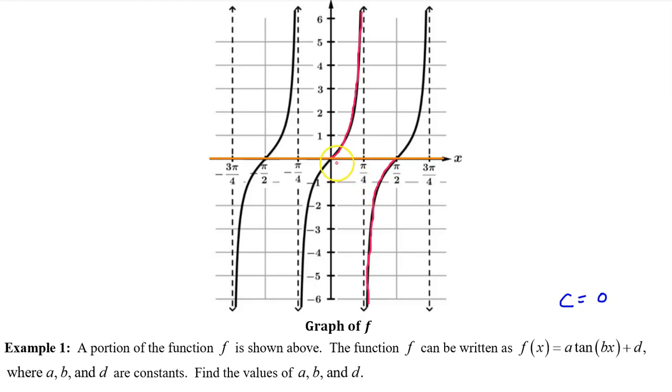So I'm going to think of it that way. So the beginning of this period starts at the first x-intercept at 0, and then ends at the next intercept at pi over 2. Since the period starts at 0 and ends at pi over 2, that means that the period is pi over 2.